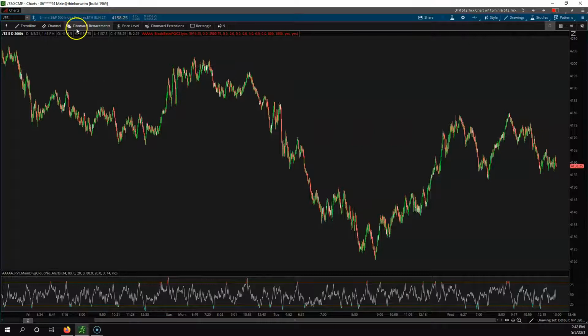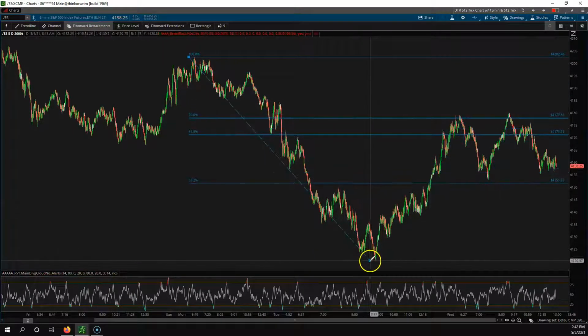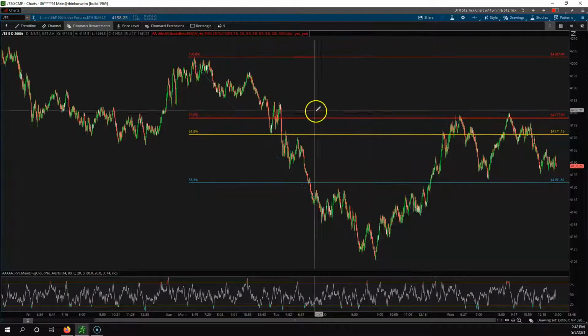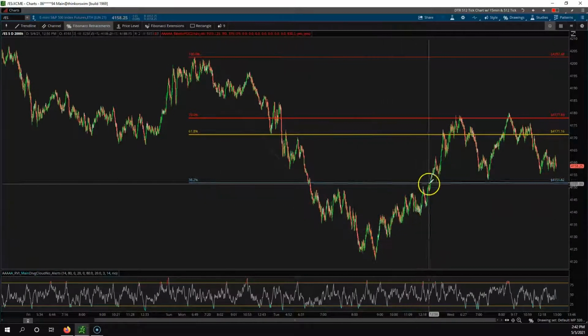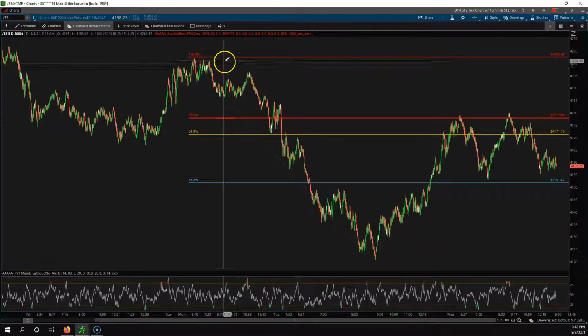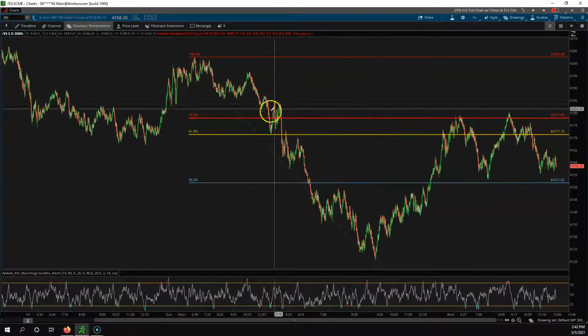So first thing I'm going to do is grab my Fibonacci retracement, and we're going to go from a high to a low. If I draw this, we have 100% here, 0% here, here's the entire move, and this would be the retracement back up of this entire move.